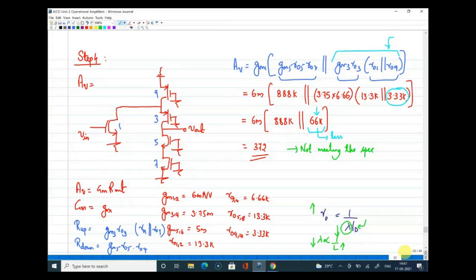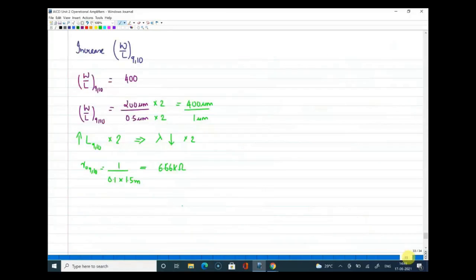So one of you, can you tell me what is the new gain value if you substitute R0 9 as 6.66 in this? Will we get the required gain specification? With the new value of R0, I am checking the gain. So I'm checking the new gain value.